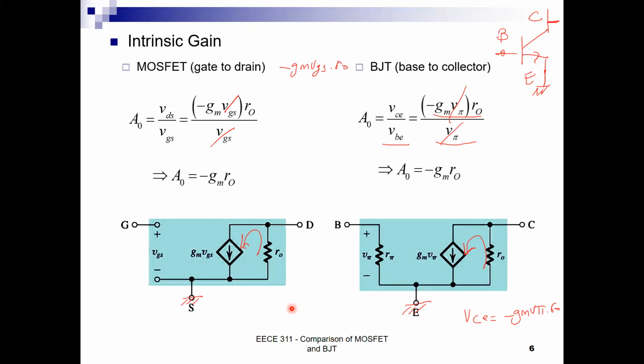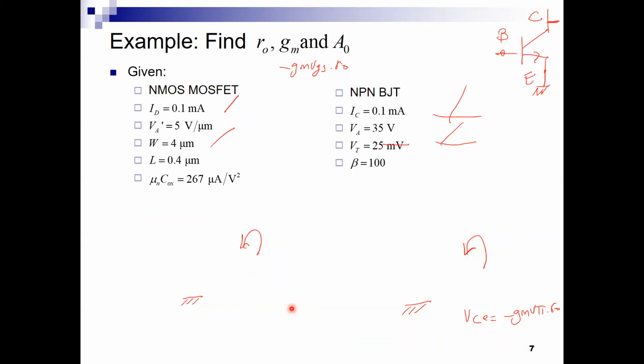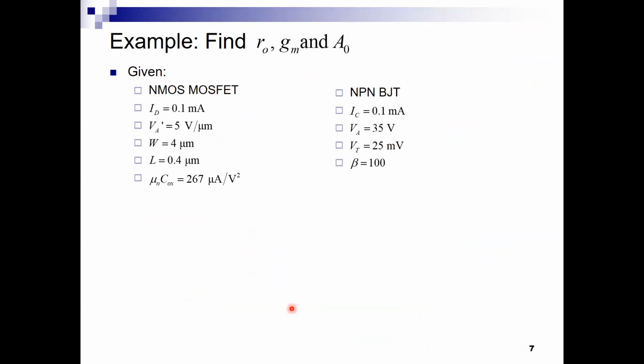Later we can talk very briefly about that. So let us evaluate those quantities, but first let us try to analyze together why we think that the BJT has higher gain.